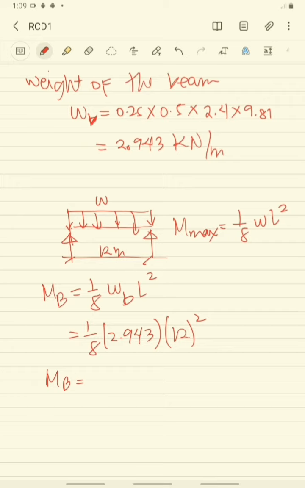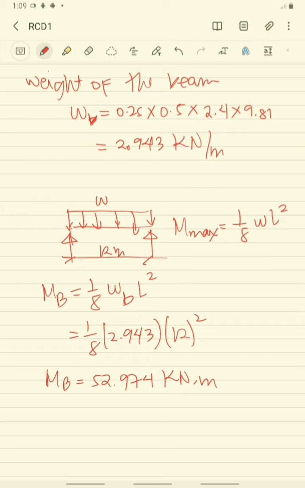This is equal to 52.974 kilonewton meter.